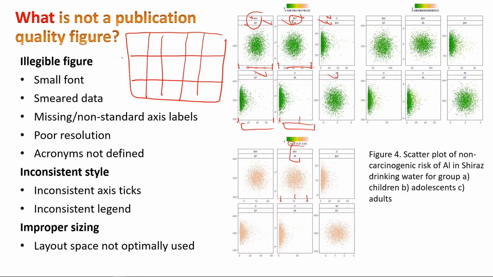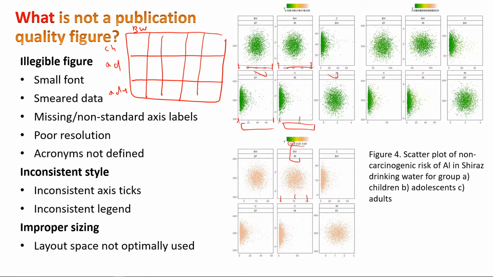If I put here the group, that would be drinking water for children, I put here the adolescents, and I put here the adults, for example. And then I put here the BW, I'm just taking these five, yeah.